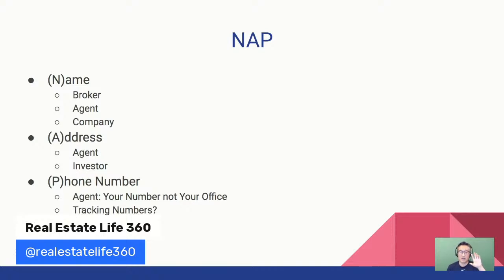With the address, an agent uses the address of their brokerage. With investors, this is where it gets a little problematic, because most investors may be working from home or may not have a physical address.